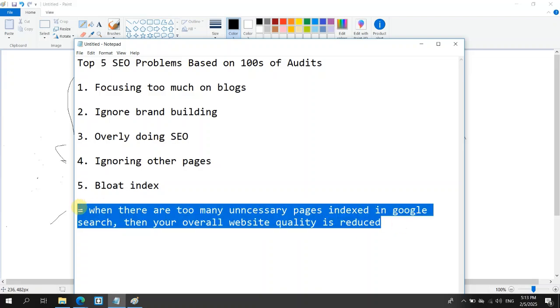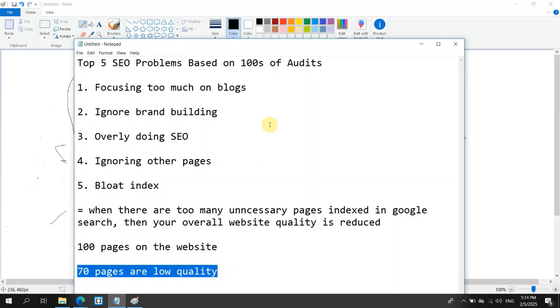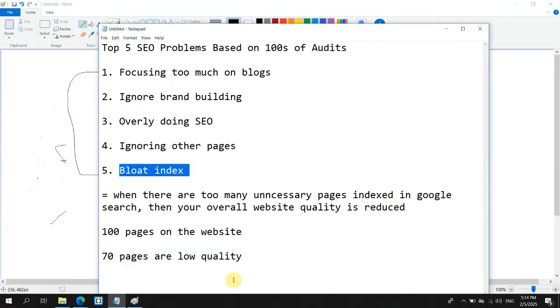So basically, let's say you have 100 pages on the website, and let's say 70 pages are low quality, then the remaining 30 good pages will also be considered as low quality as well. This is what I mean by bloat index, right?